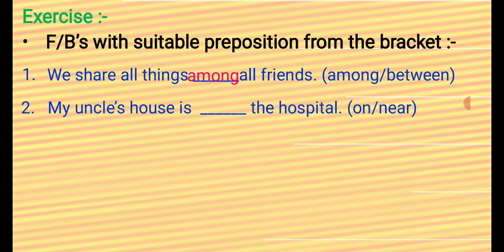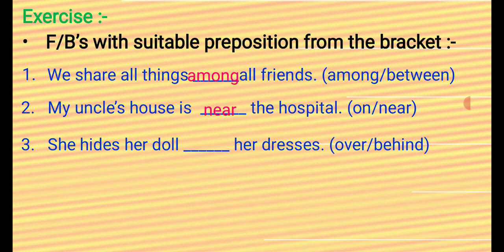Second sentence. My uncle's house is dash the hospital. What are the options? On and near. Is it possible that the house is on the hospital? No. It cannot be possible that the house is lying on the hospital. So, near will be the answer. Let's move on.